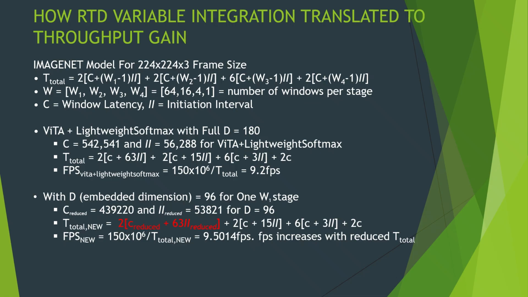It must have a max, but we can now run it for reduced embedded dimension and see that throughput gain. That is the throughput gain we see when we integrate the runtime depth variable.